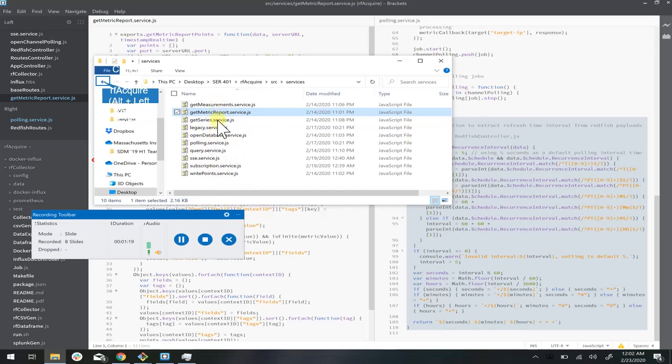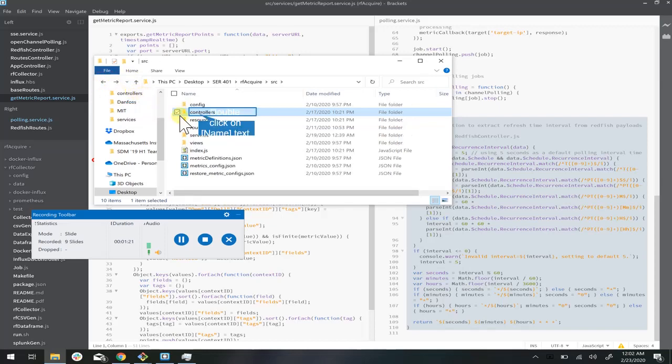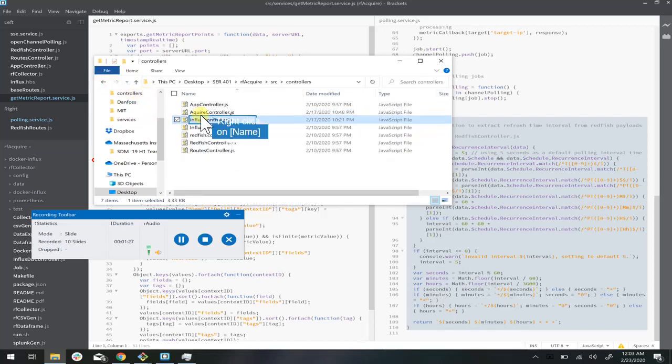This week we created every one of these services, and they are pulled down from what used to be the influx controller and the acquire controller.